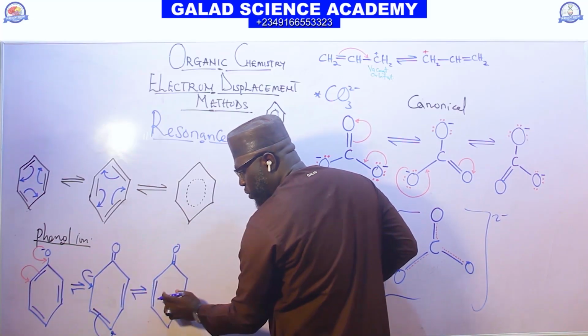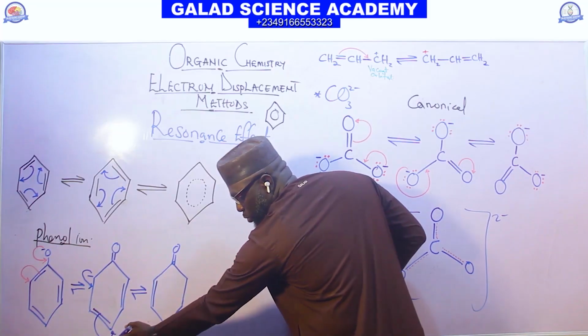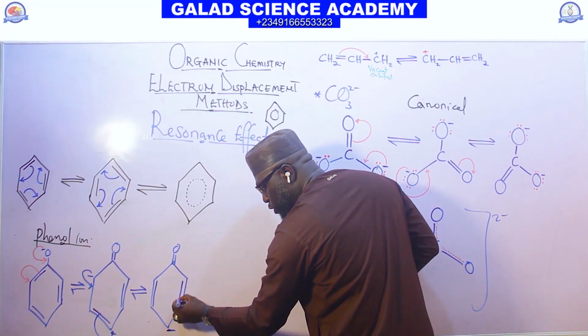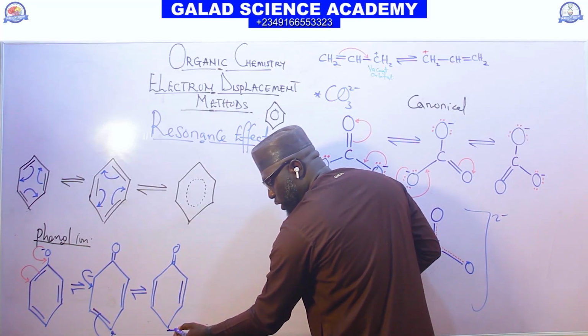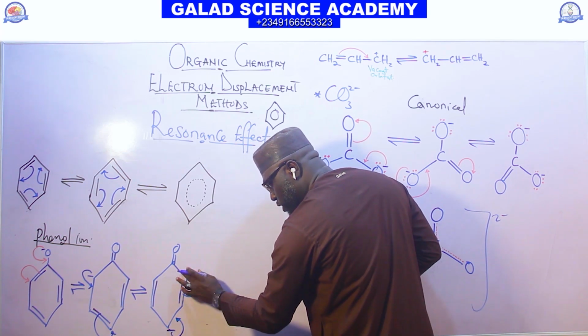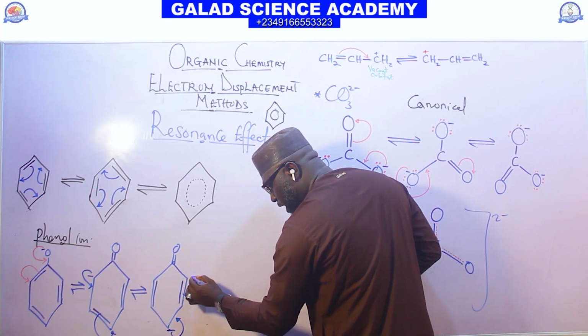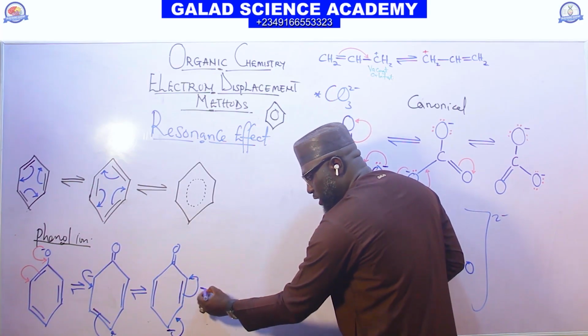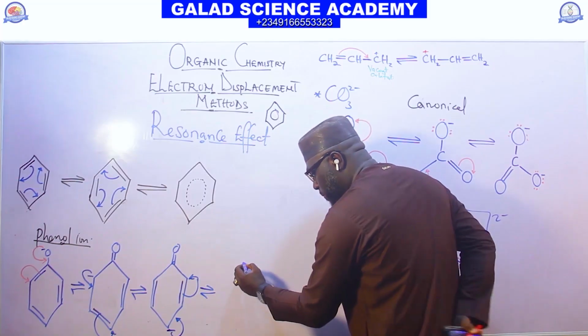This one will come to this side and become a double bond. This double bond there moves to this end and becomes negative. This one remains here. So this negative will come to this side, and this pi will shift to this end.